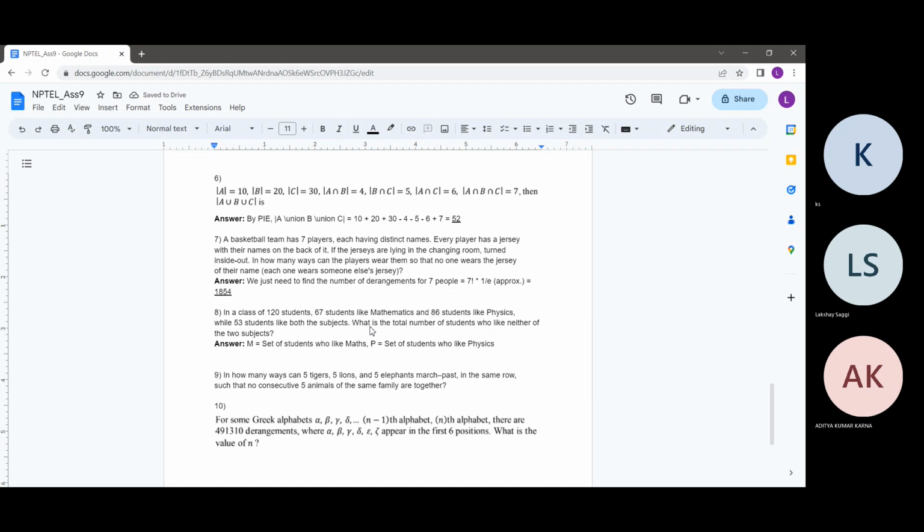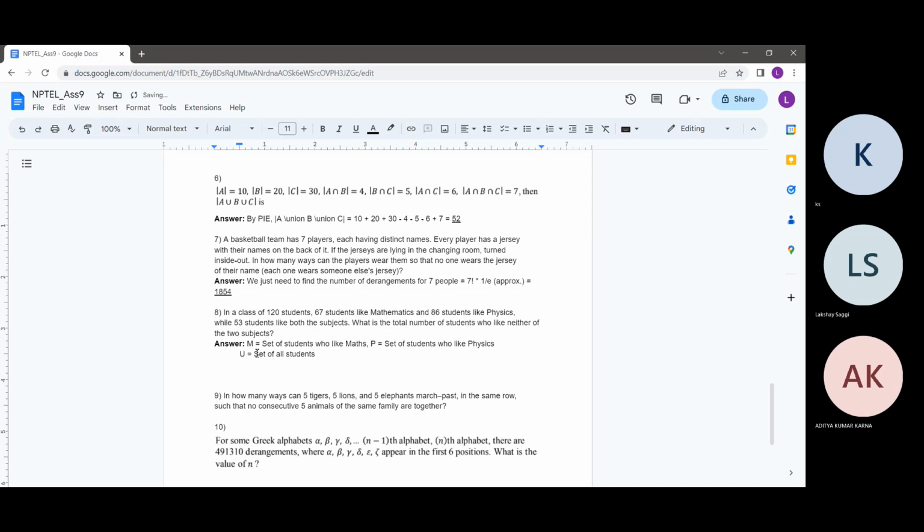I know that the class consists of 120 students, and there can be some students who like only maths, some who like only physics, some who like both, and some who might not like anything at all. I need to find the number who like neither of the two subjects, who don't like maths as well as physics. It's a straightforward question, and maybe I can denote by U the set of all students. This is the universal set.